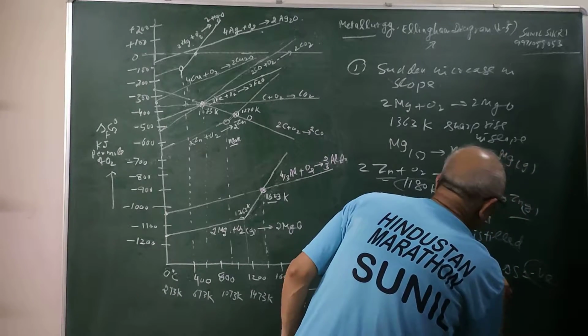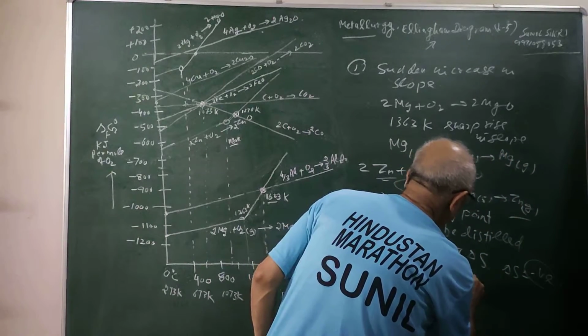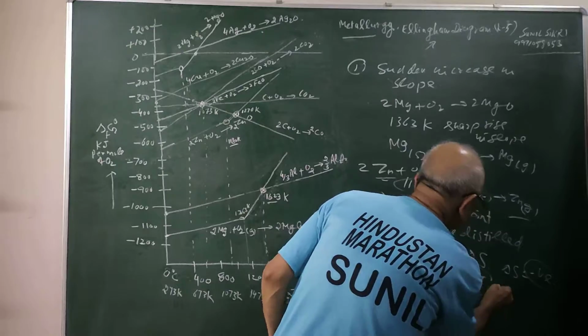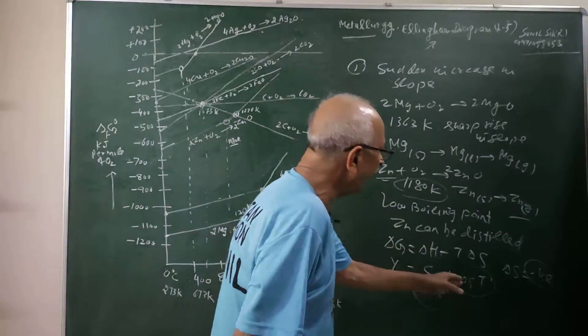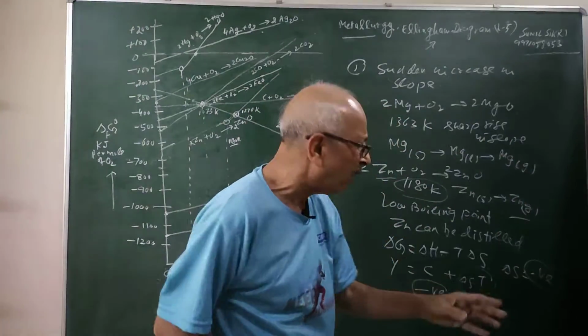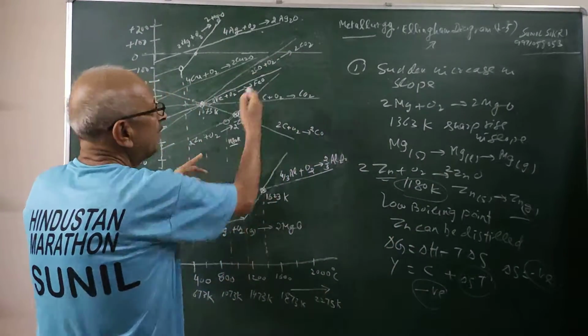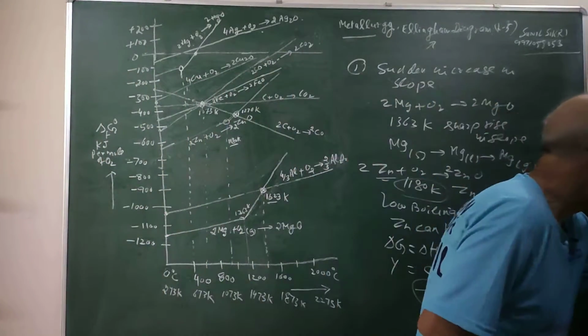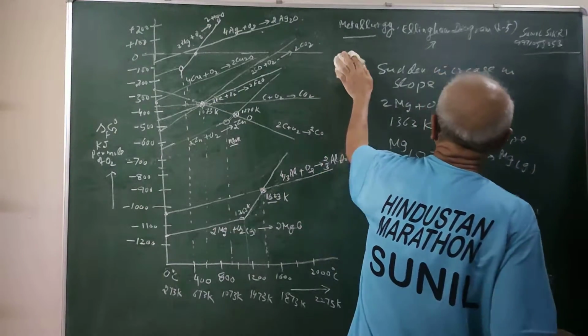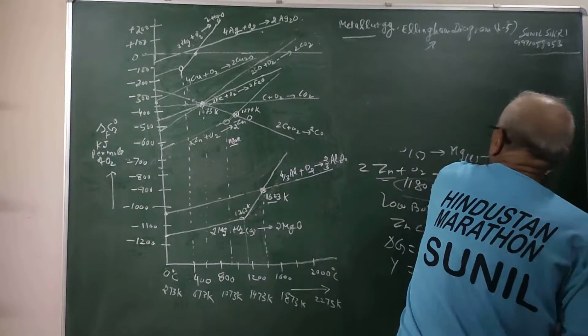Negative times negative becomes positive, so it becomes plus delta S times T. So with increase in temperature, the slope rises, and if there is a larger decrease in entropy, there will be a bigger increase in the slope. That is why we see the sudden and sharp rise in slope. This question has been asked, that's why I am taking more time on this.